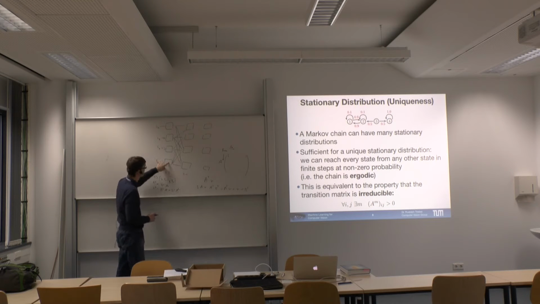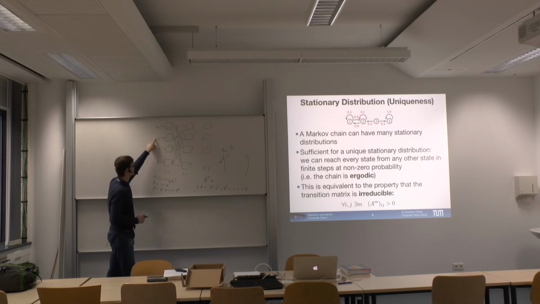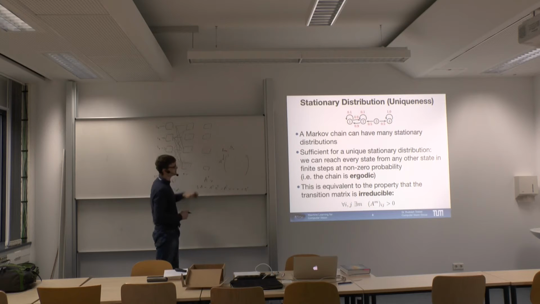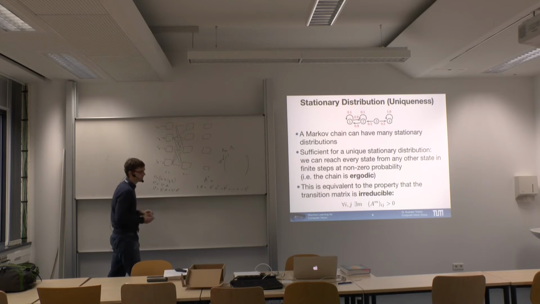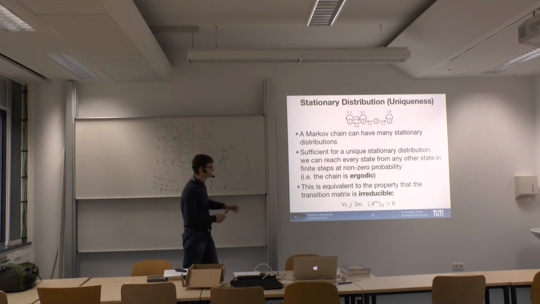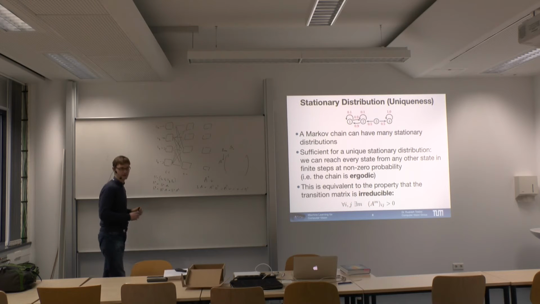So if you start in this state, after a number of steps, you might reach this state here, right? It might not be possible to reach this state directly, but after a number of steps, you reach it. And this is what you need to guarantee that the matrix is irreducible. That means for every pair of states, there is some step m, so that you can reach it with non-zero probability.